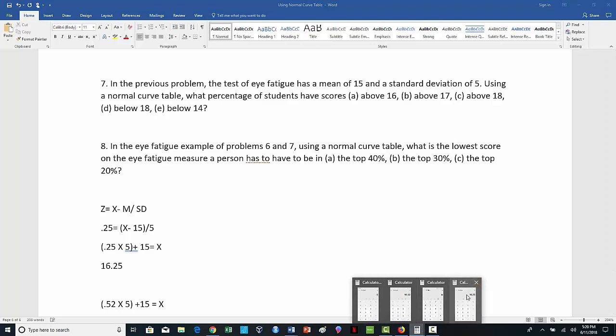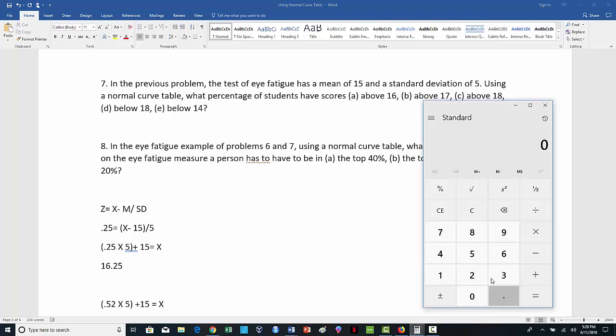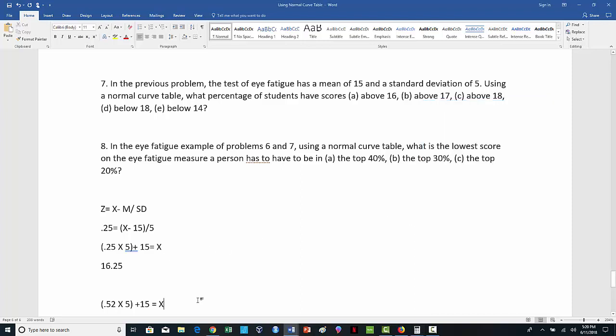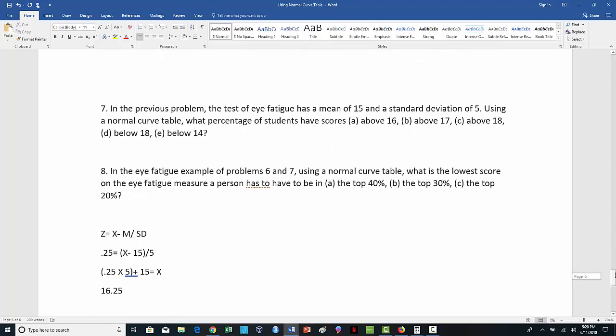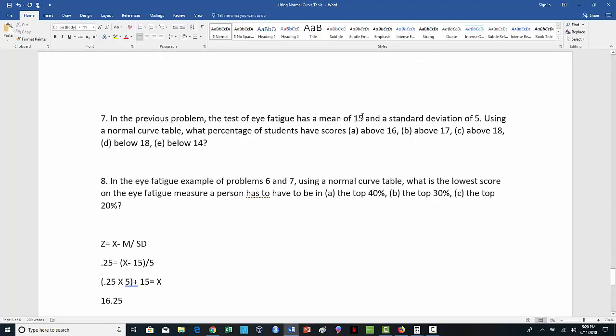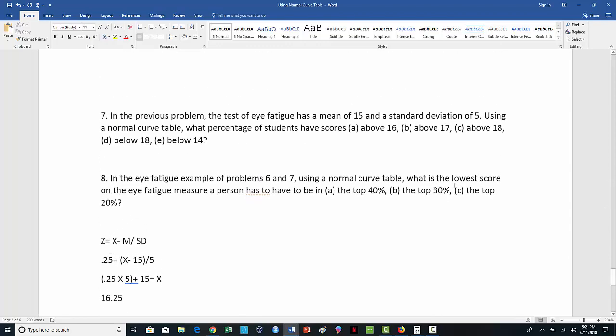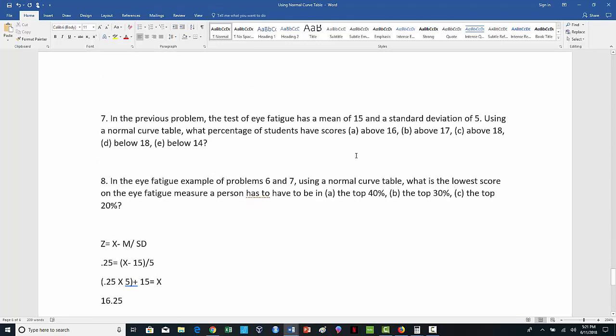So if I take 0.52 times 5, I get 2.6, plus 15, and I get 17.6, and that's the answer I'm looking for. So to be in the top 30%, you have to score a 17.6. And again, that makes sense because obviously it's above the mean. 17.6 is above 15.